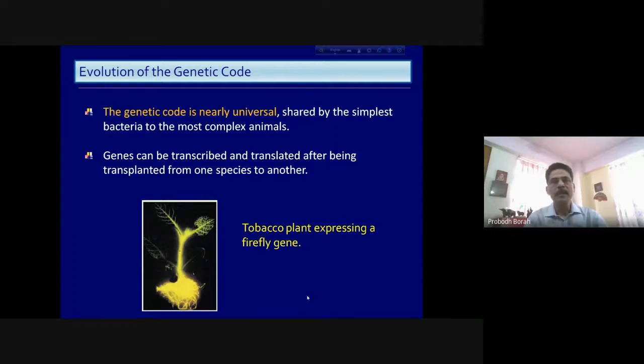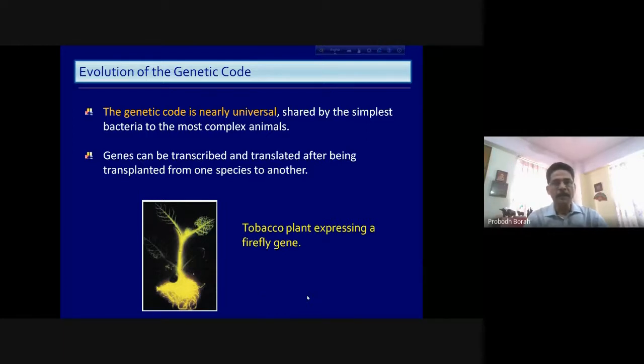This universality of the genetic code has made it possible to transfer and translocate genes from one species to the other. That we now call recombinant DNA technology.